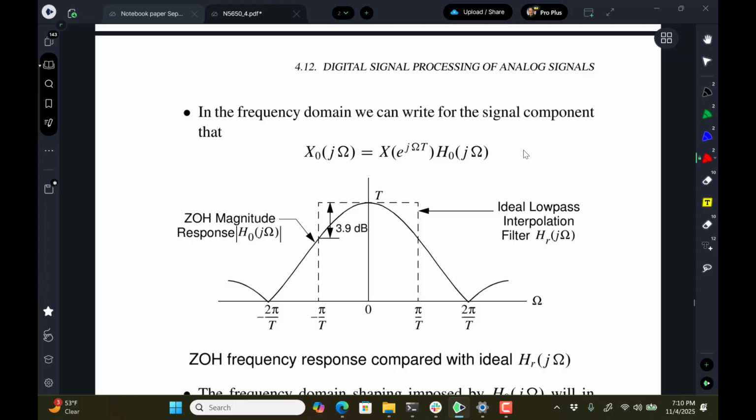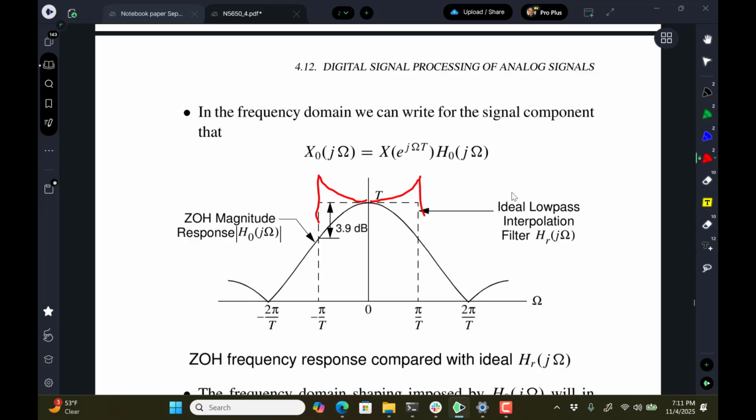But in general, what people will do with a D to A is you will buy a D to A, and it might have an inverse sinc function built into it. So it will have something that will shape the output by peaking it up to keep that gain flat from that roll-off happening.